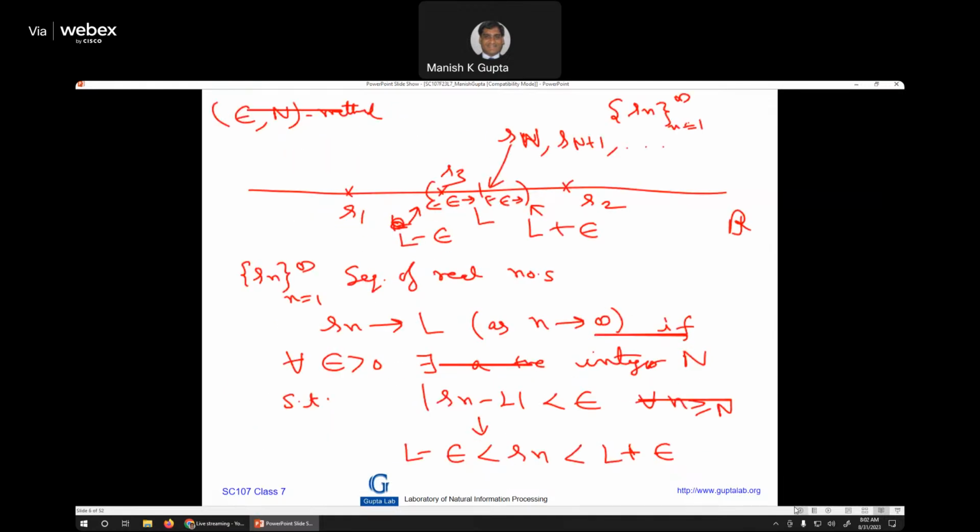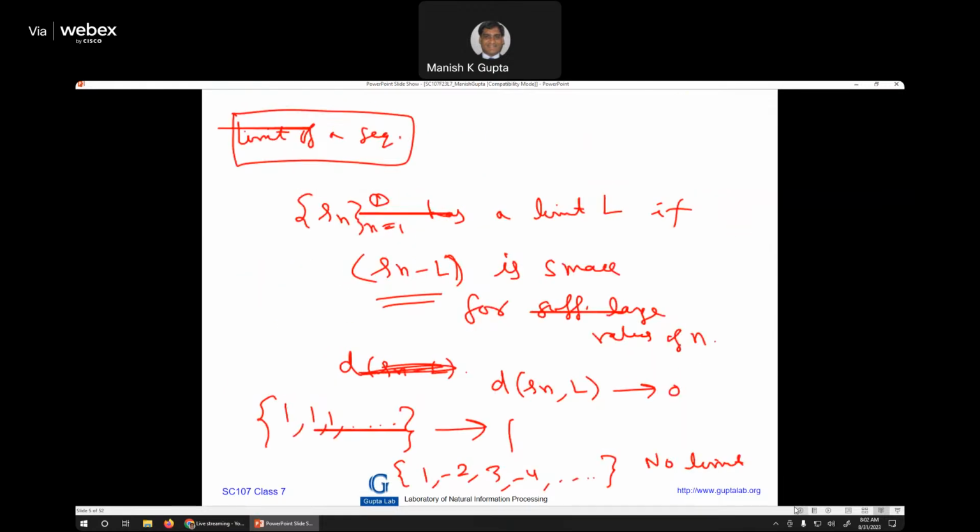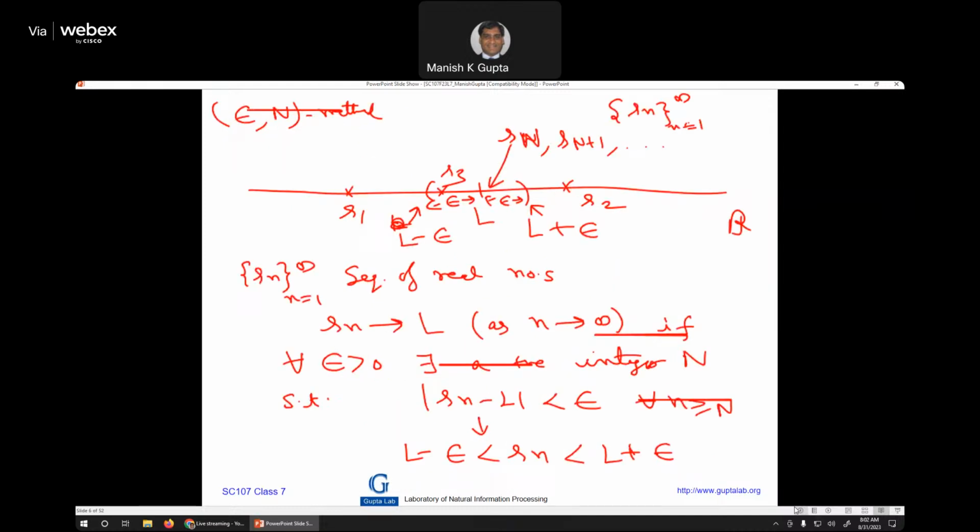Okay, so I think you remember limit of a sequence we talked about, and this was the definition for limit of a sequence Sn. For every epsilon positive, there exists a positive integer capital N such that distance between Sn and L, that means mod of Sn minus L, is less than epsilon for every n greater or equal to capital N, right?